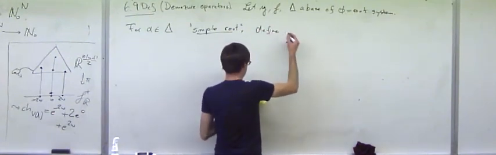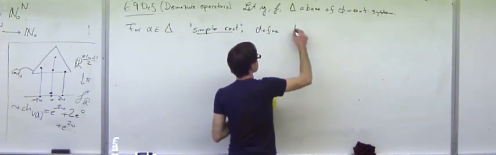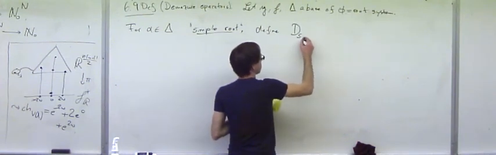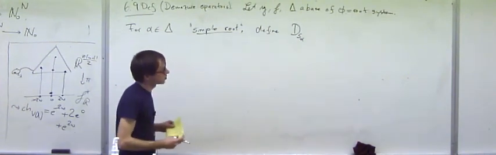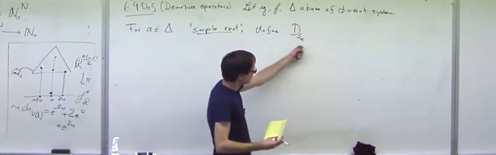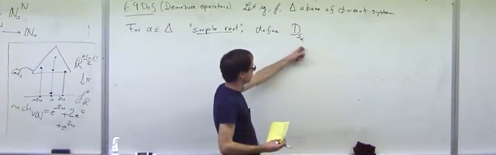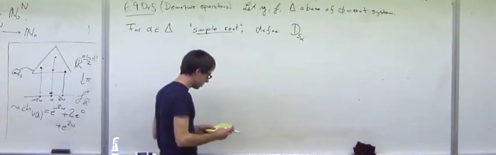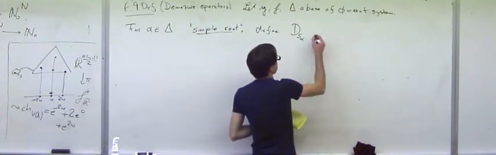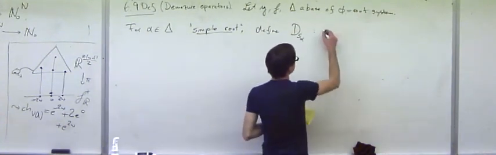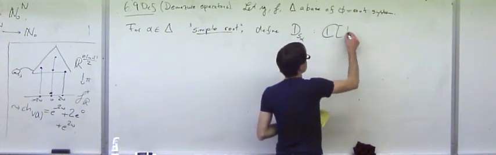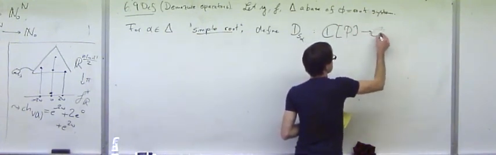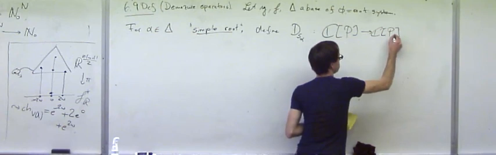So if alpha is an element of the base, I define the Demazure operator D_{s_alpha}, so it's indexed with a reflection along this simple root, and this is a linear operator from CP to CP.